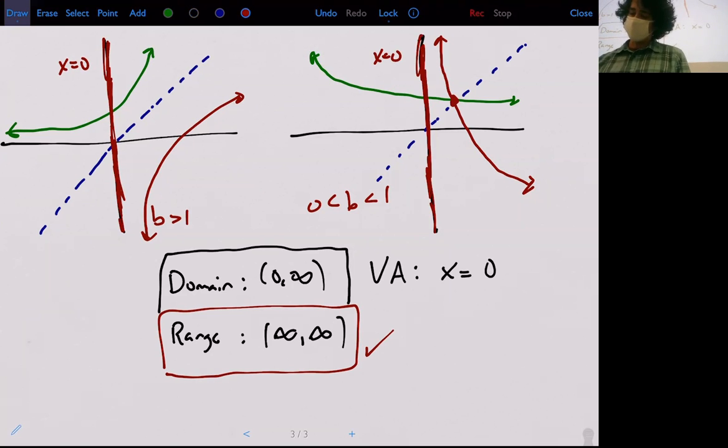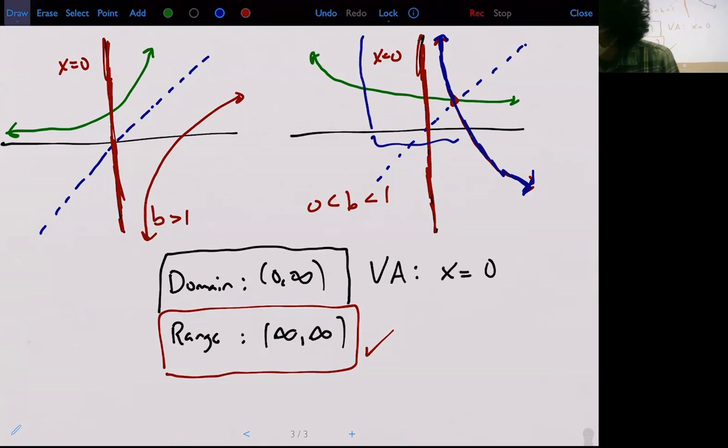So the way the domain changes for a logarithm function, it's going to change according to how we shift our graph horizontally. So let's suppose we shifted this logarithm over to the left by 5 units. So shifting it by 5, we'll get a graph that looks something like this.